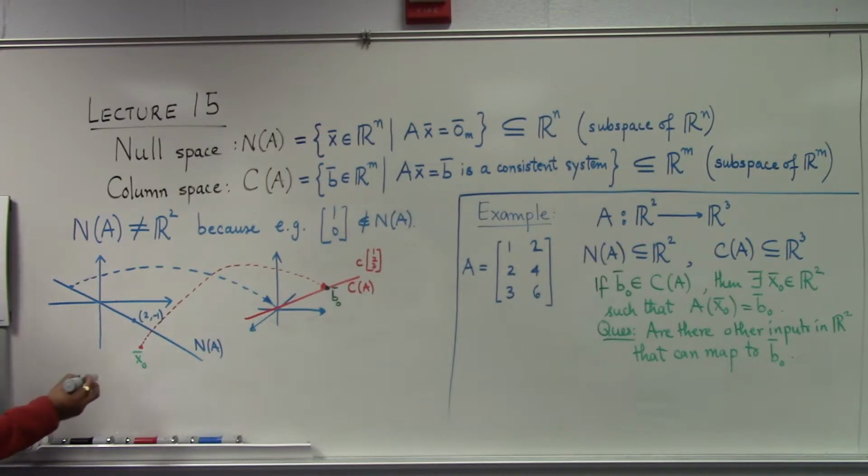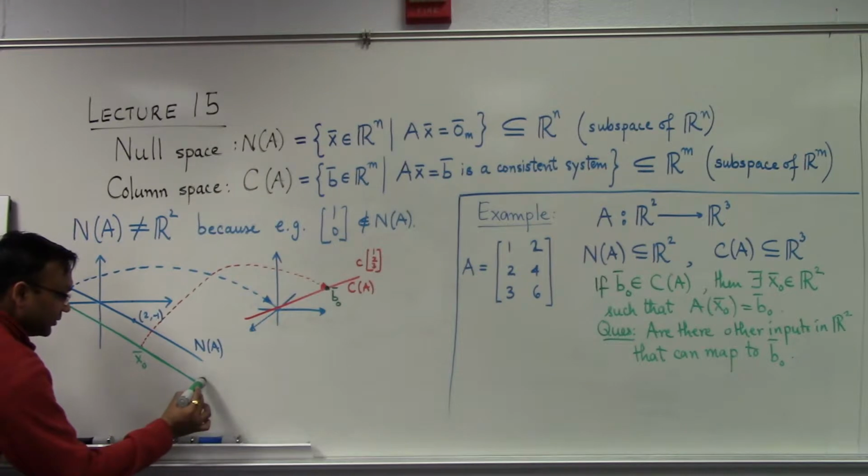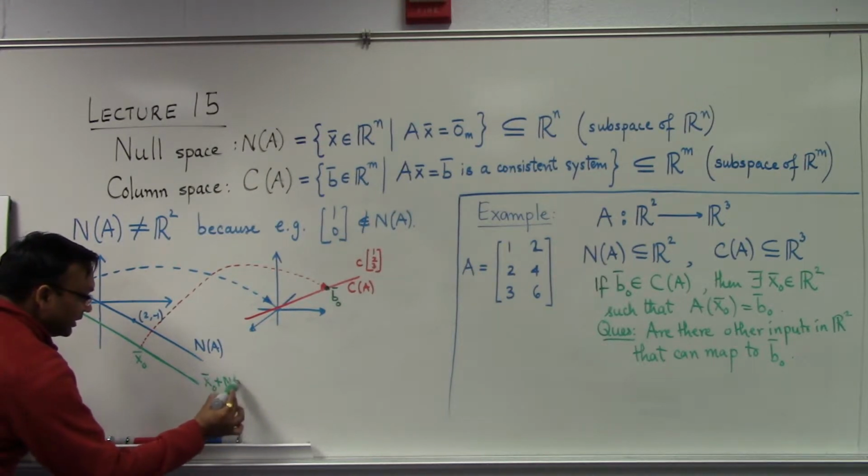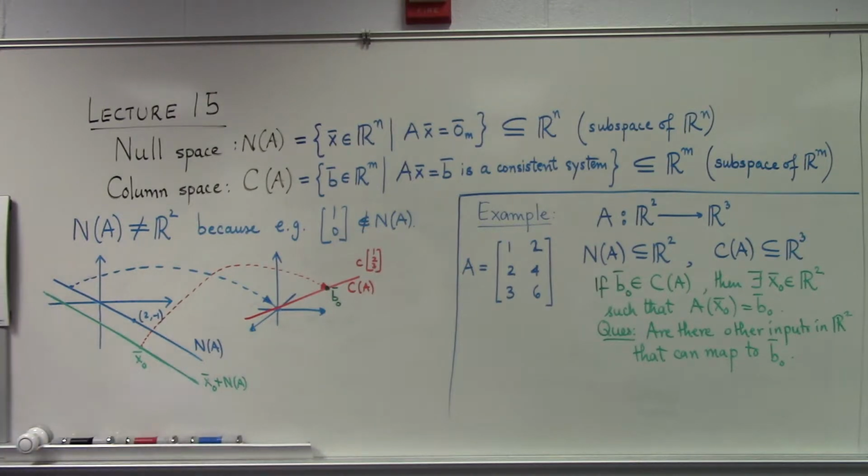How is this possible? What I will do is take this null space and shift it parallelly so that it passes through the point X0. Okay? You can think of it as X0 plus the entire null space, shifted by the vector X0.